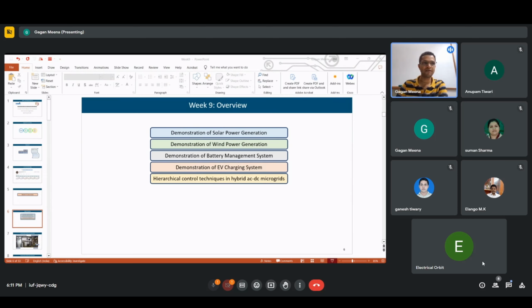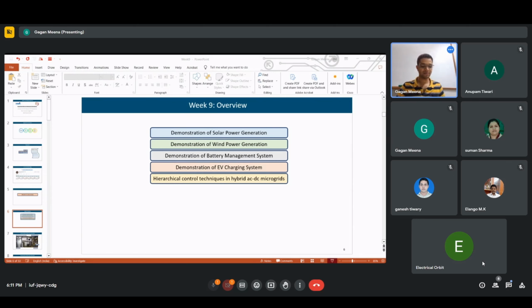So why do we use this Opal-RT or RTDS? Can anyone of you tell why we need these simulators? Anyone?